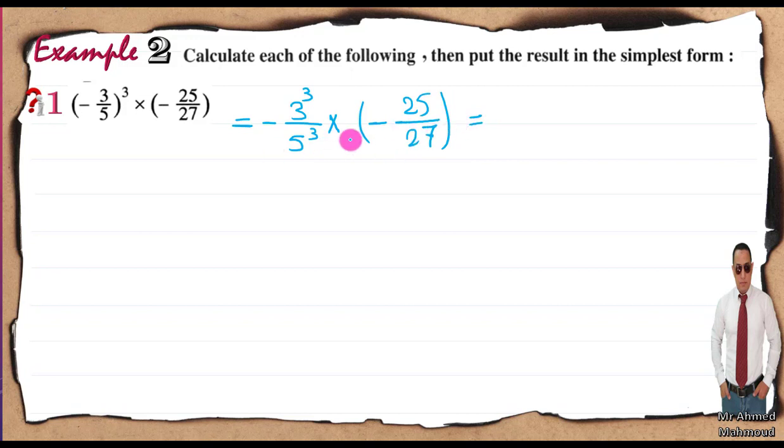You can write this one in the calculator directly, or you can evaluate this one. Okay, now I'm going to evaluate this one. 27 over 125, this is 3 to the power of 3 over 5 to the power of 3, times negative 25 over 27. So I'm going to write this one in the calculator. It will be positive 1 over 5.